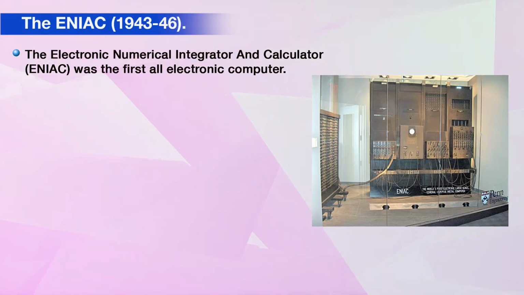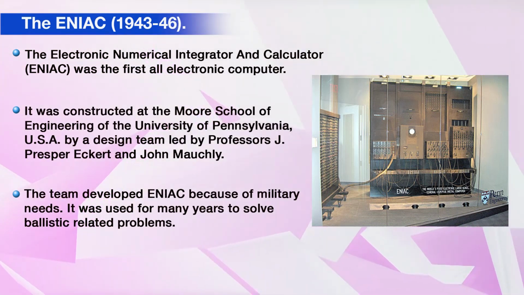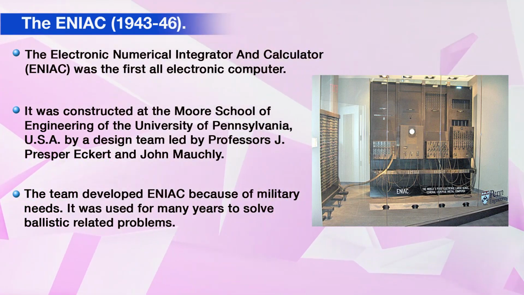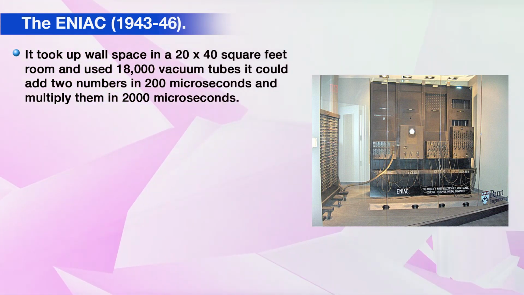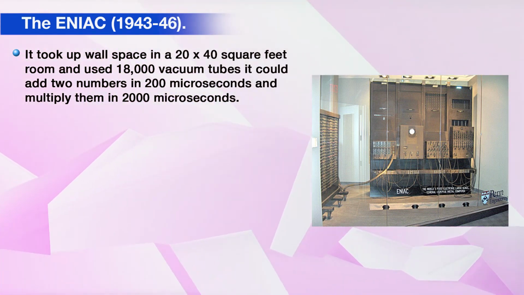The first electronic computer was built, which is called ENIAC, that means Electronic Numerical Integrator and Calculator. It was developed by the University of Pennsylvania and used 18,000 vacuum tubes and weighed 30 tons, and it also occupied a very large space, which is 30 feet by 50 feet.